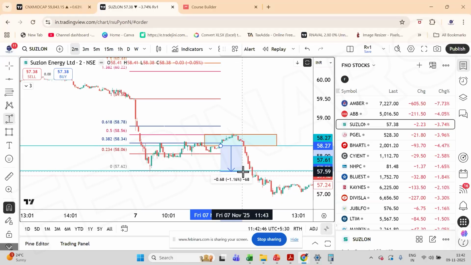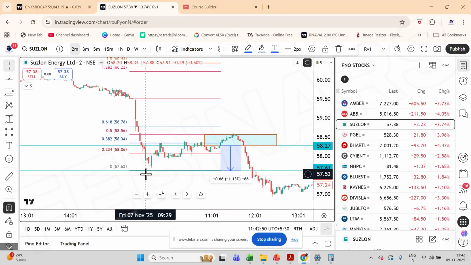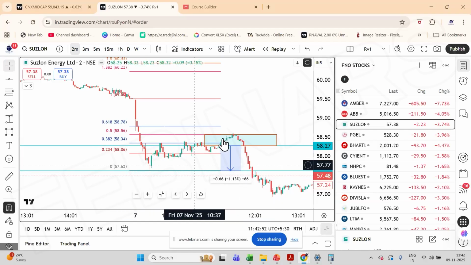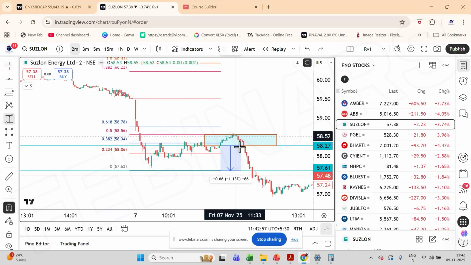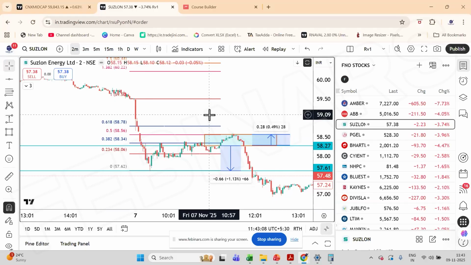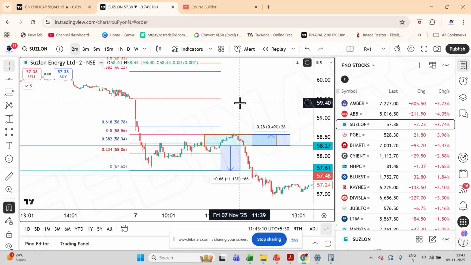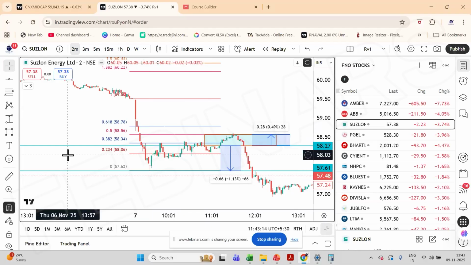The first target, what was it? 30 paise is this one. Okay, my dear friends, upside it's 0.3, downside is 0.6. So the risk reward ratio has crossed 1 is to 2.